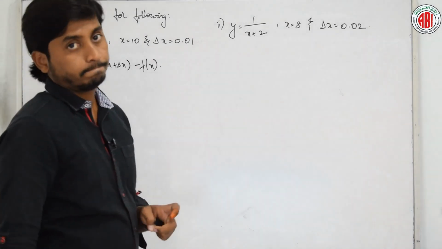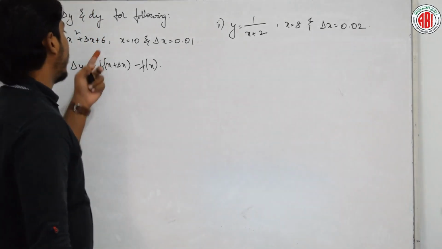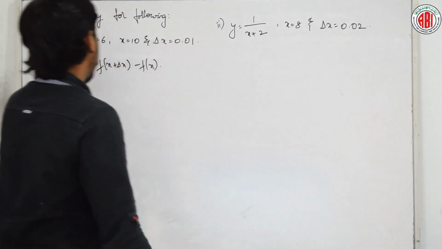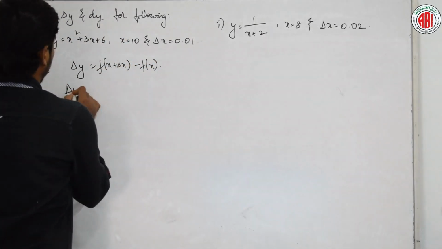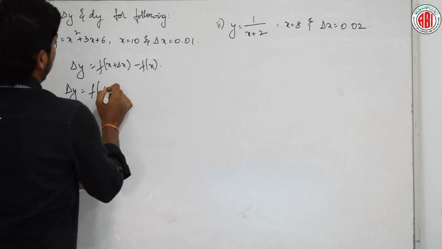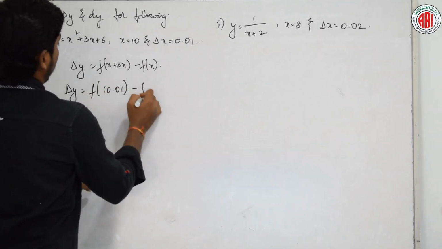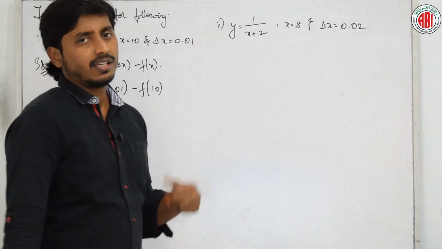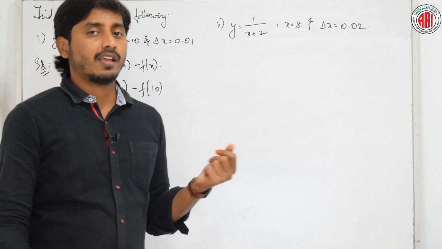Now, what is this x? 10. What is delta x? 0.01. Just substitute in this. That will be delta y is equal to f of 10.01 minus f of 10. The only thing, substitute it and simplify.